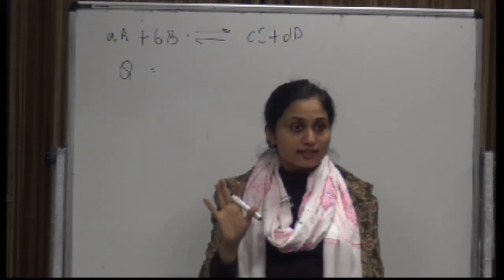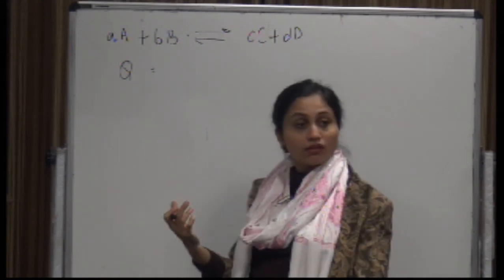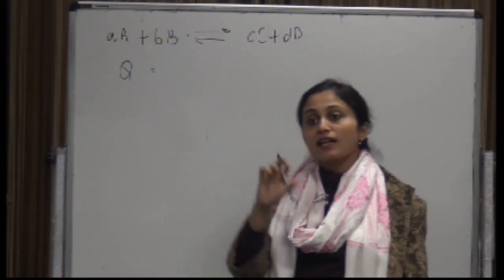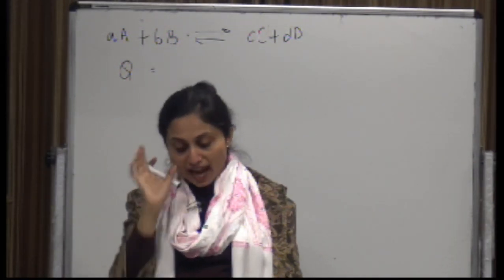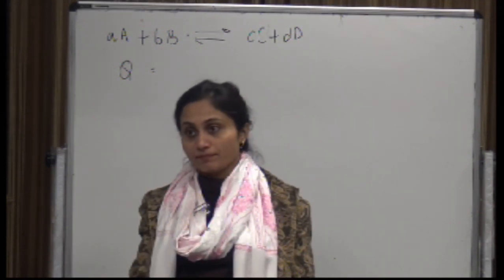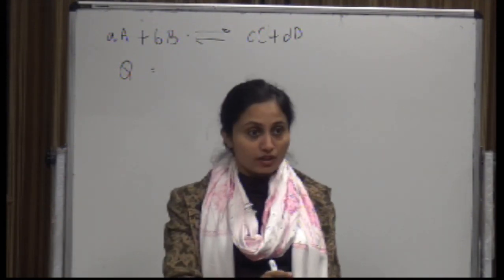Understand this carefully, because there is a confusion between Kc and Qc. Kc is that ratio in which the concentrations are at equilibrium, where exactly the rate of forward reaction is equal to the rate of backward reaction.